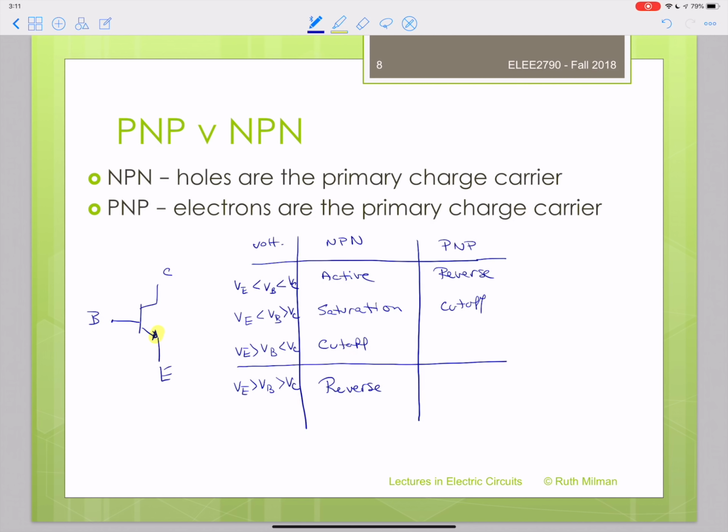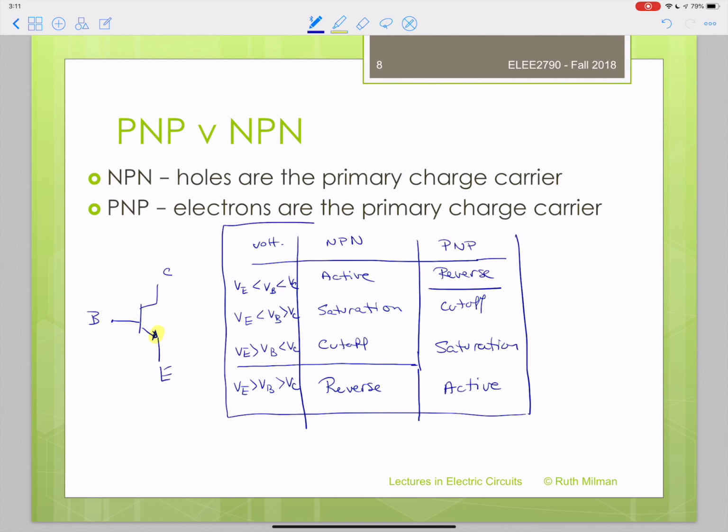If VE is greater than VB is less than VC, we work in saturation mode. And lastly, if the emitter voltage is greater than the base voltage, which is greater than the collector voltage, we are in active mode. Note that in each case you never really want to be in reverse mode.